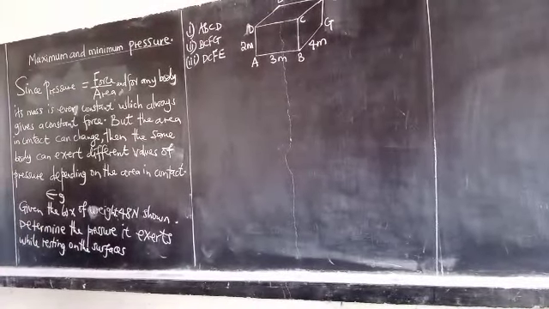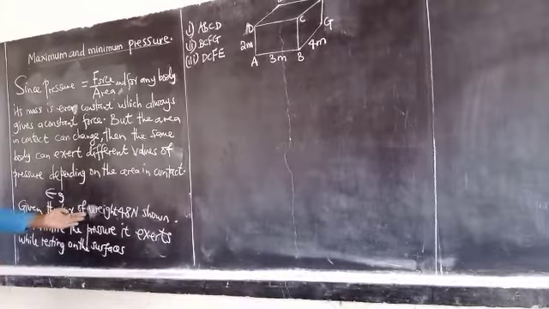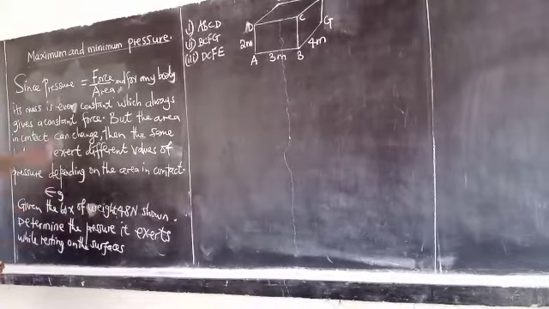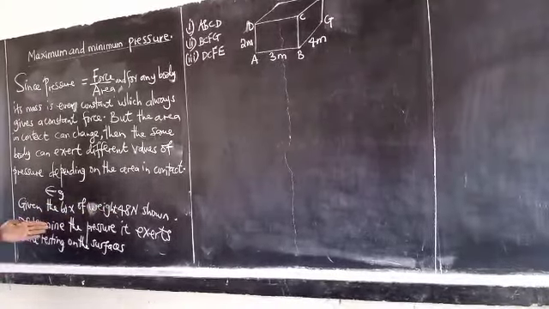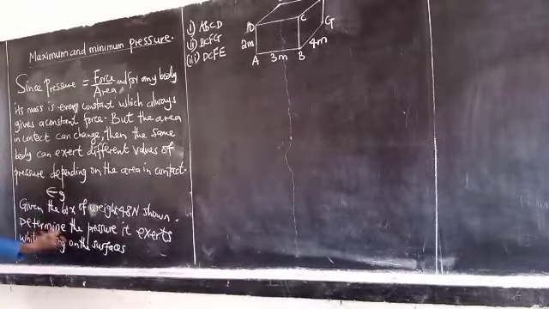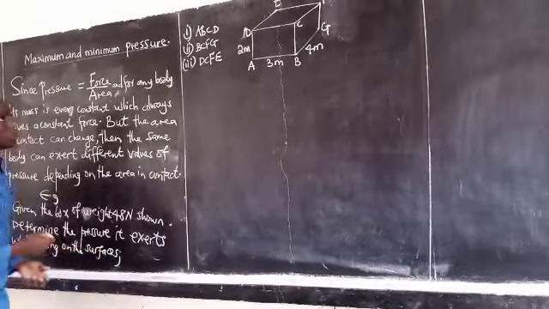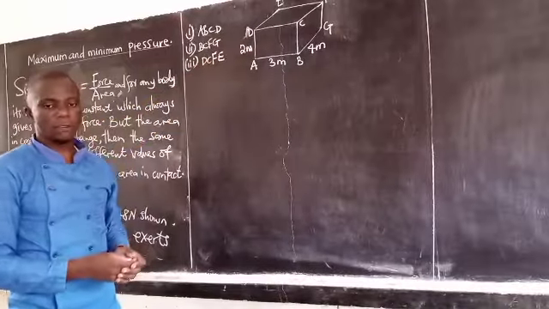We are given an example: given a box of weight 48 newtons, determine the pressure it exerts while resting on the different surfaces.